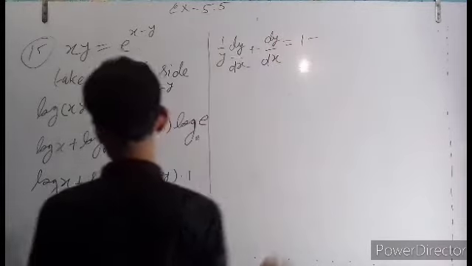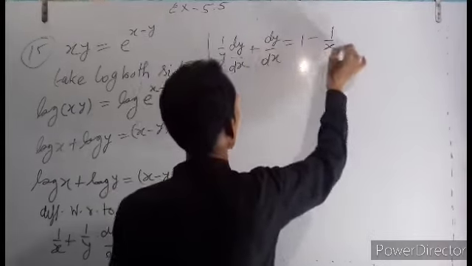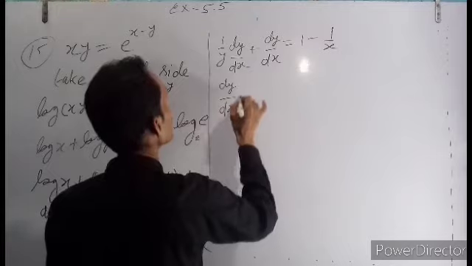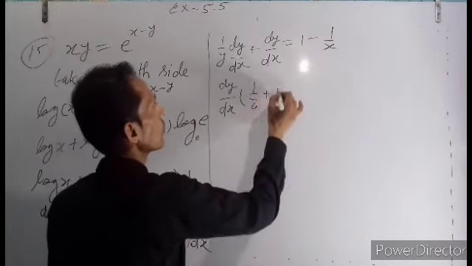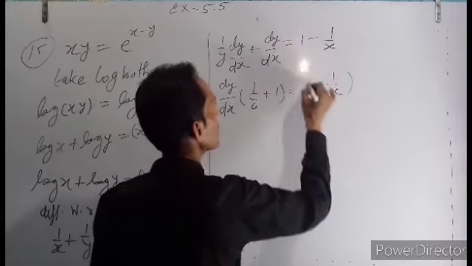Transpose the 1 by x to the RHS. Taking dy by dx common, dy by dx times 1 upon y plus 1 equals 1 minus 1 upon x.